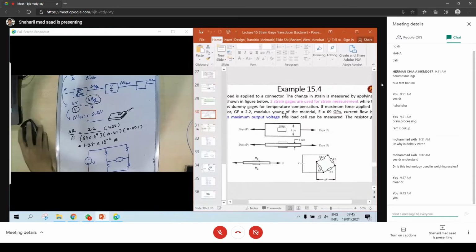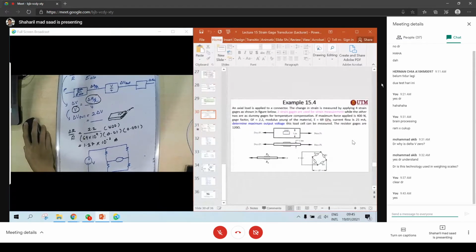The current flow is 25 milliamp. Determine the maximum load this load cell can measure. The resistor gauges are 120 ohm. So all is 120 ohm, 120 ohm, 120 ohm, 120 ohm. That means the current flow to this one is 25 milliamp.